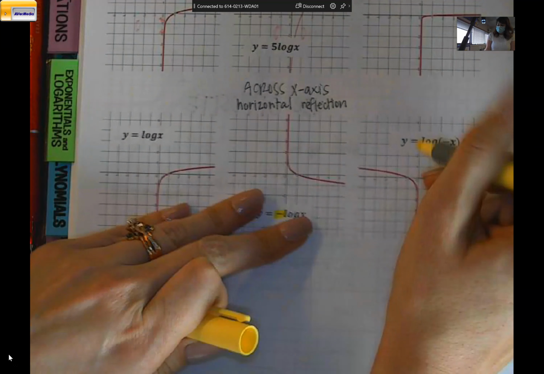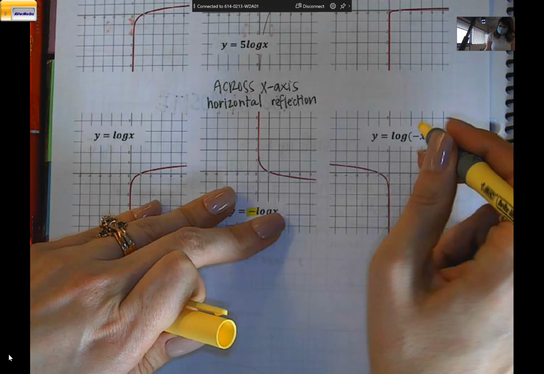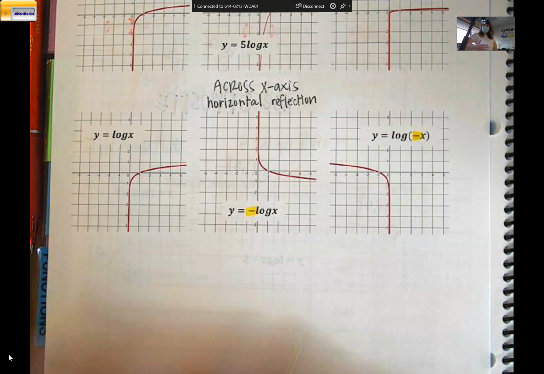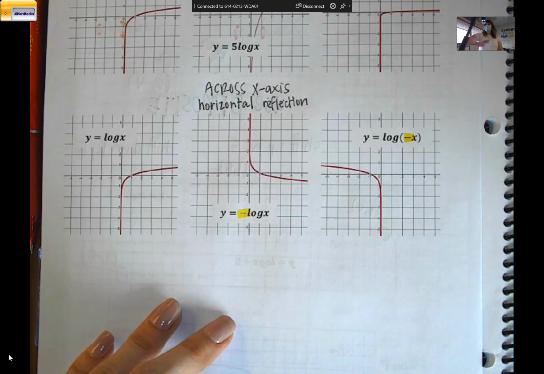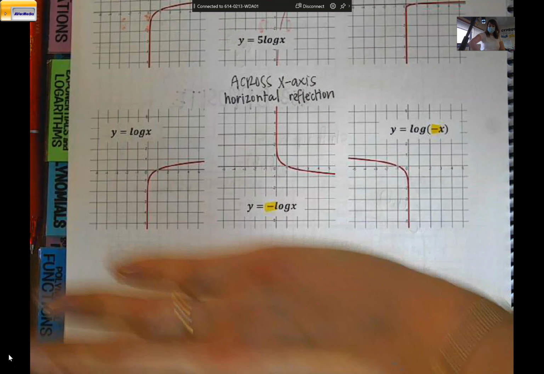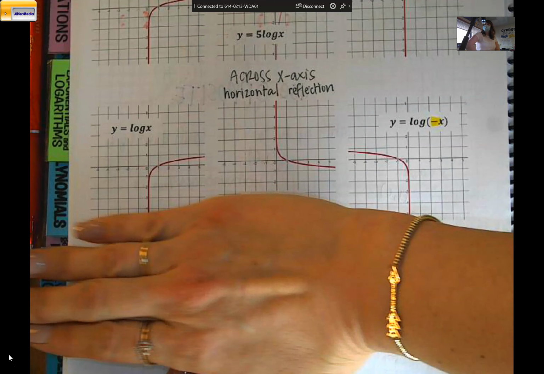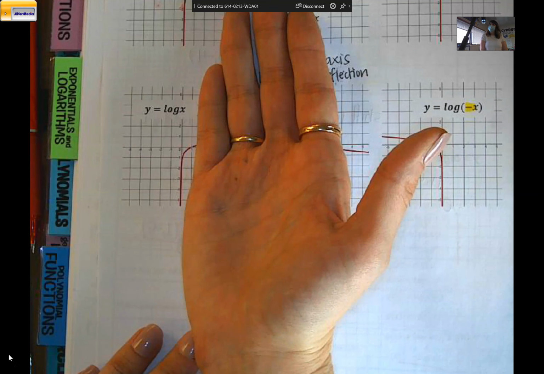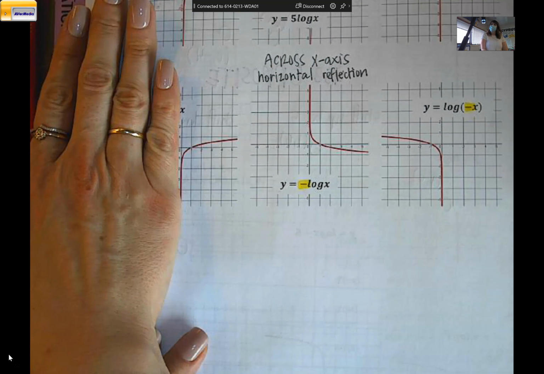But if that negative is trapped in with the x, now you're flipping the other way. So instead of going from down to up, this time I'm flipping it over the y-axis.